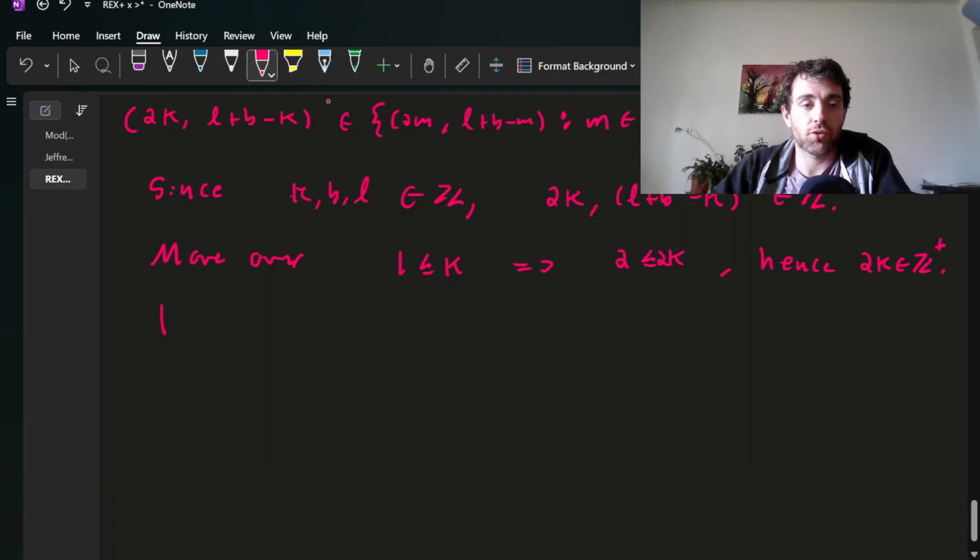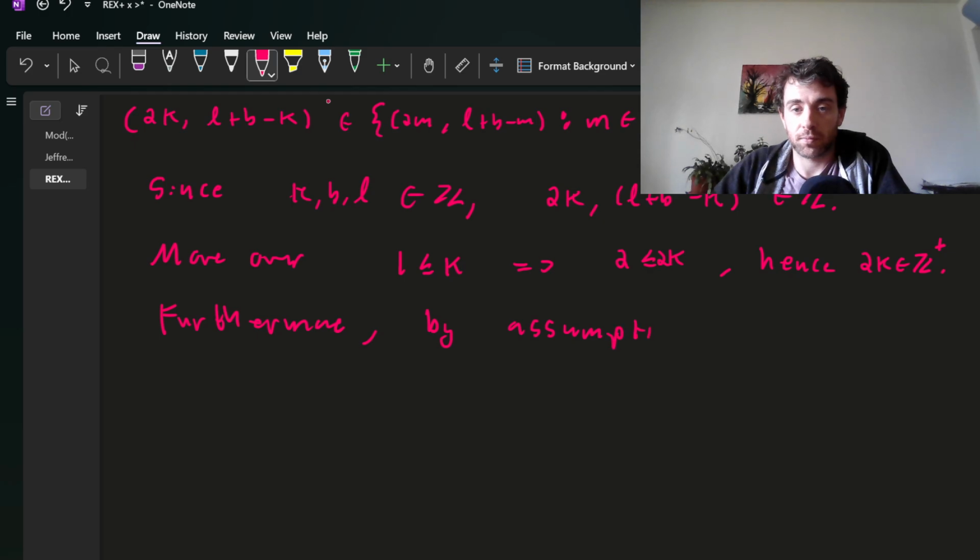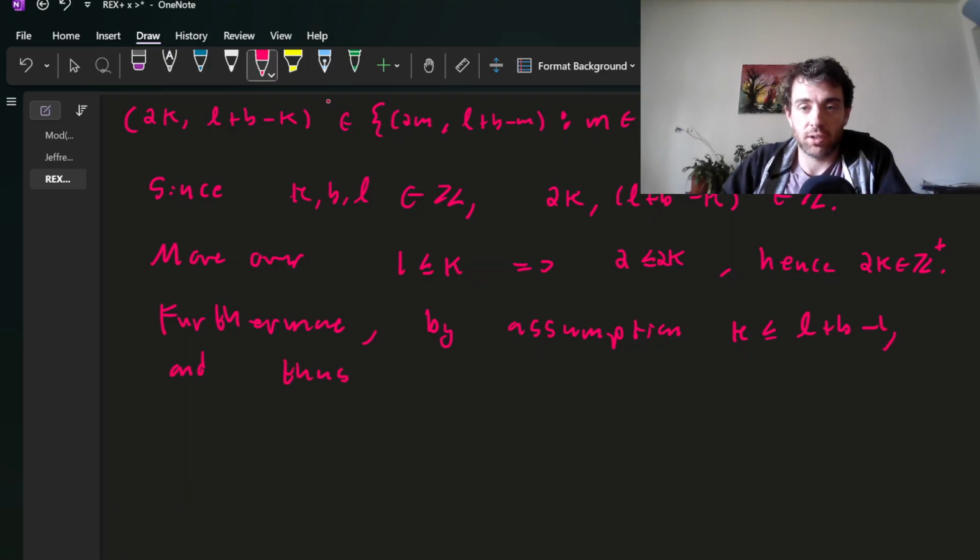So we could say, furthermore, by assumption, k is less than or equal to L plus B minus 1, and thus 1 is less than or equal to L plus B minus k, meaning L plus B minus k is a positive integer.